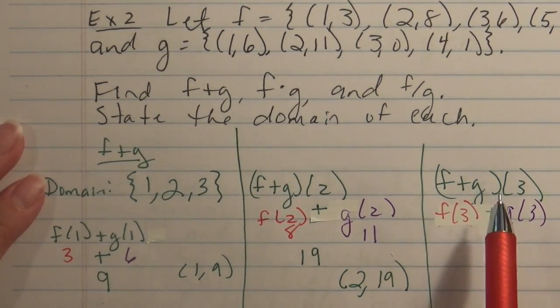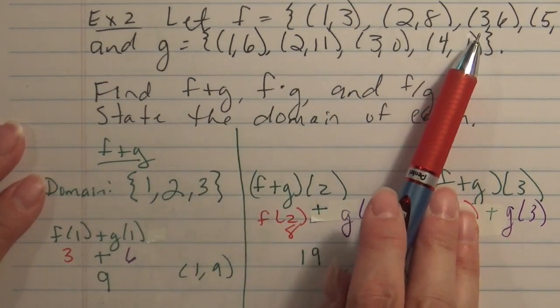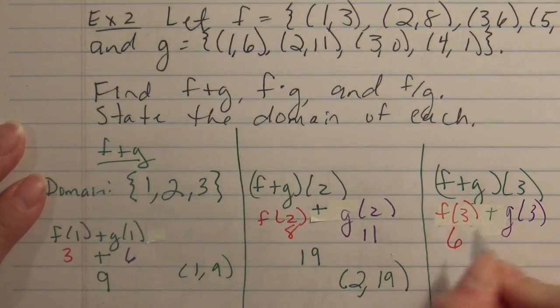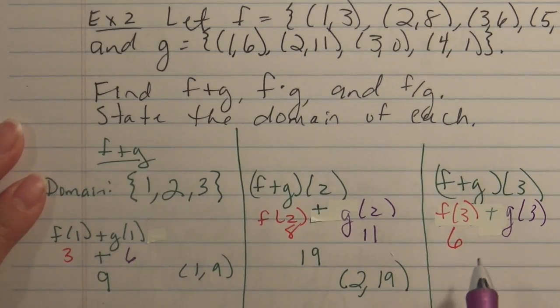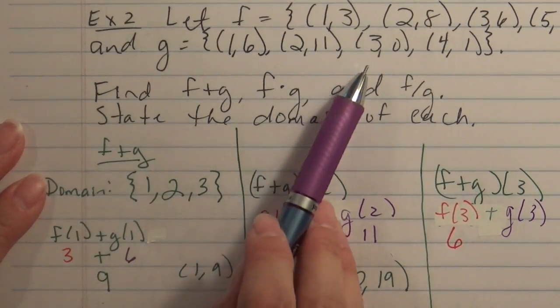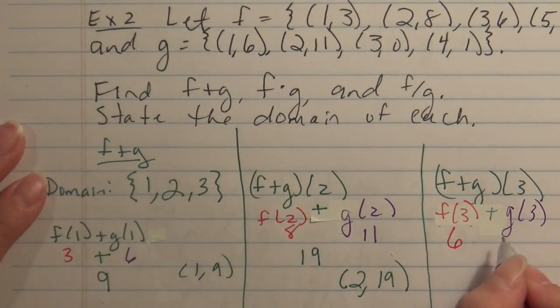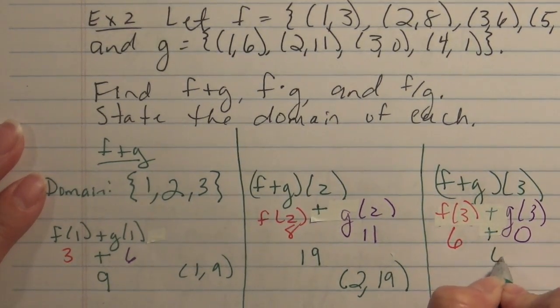So f of 3, if you go to the f function, when x equals 3, y equals 6. G of 3, go to the g function, when x equals 3, y equals 0. So we're going to do 6 plus 0. So f plus g of 3 is giving us 6, and that is the ordered pair. Our x was 3, our y is 6.